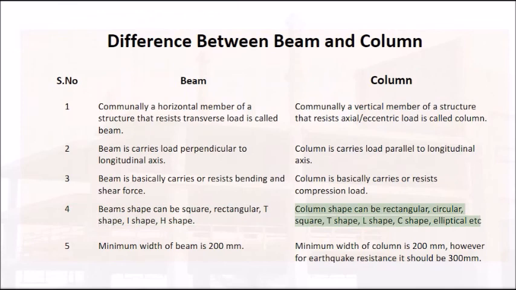Column shape can be rectangular, circular, square, T-shape, L-shape, C-shape, elliptical, etc. 5. Minimum width of a beam is 200 mm. Minimum width of a column is 200 mm, however for earthquake resistance it should be 300 mm.